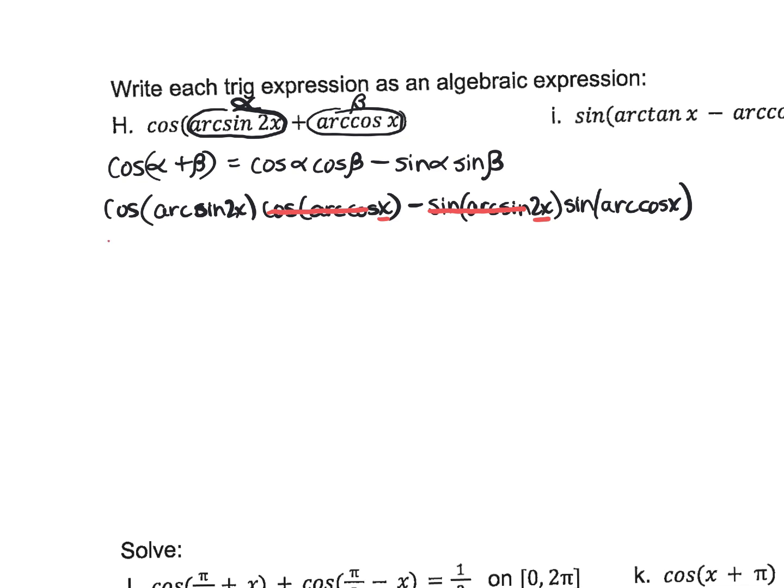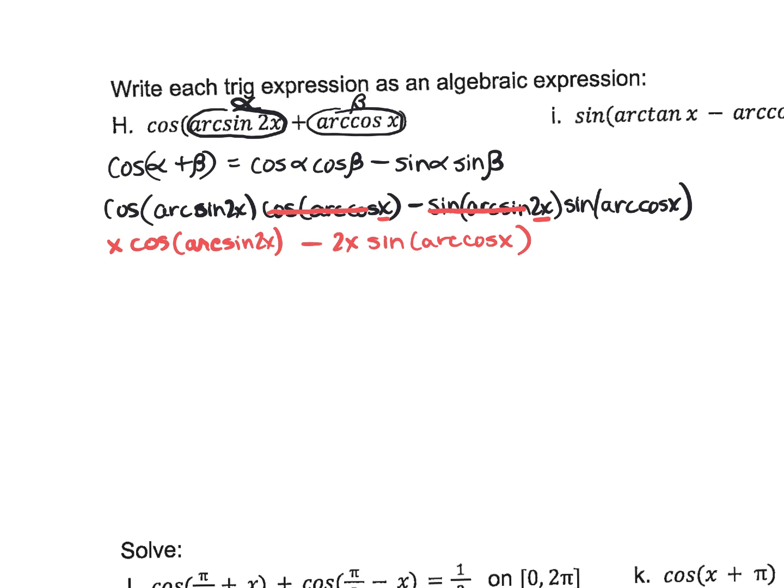So this becomes x cosine arc sine minus 2x sine arc cosine x. Now, this is where the fun starts.